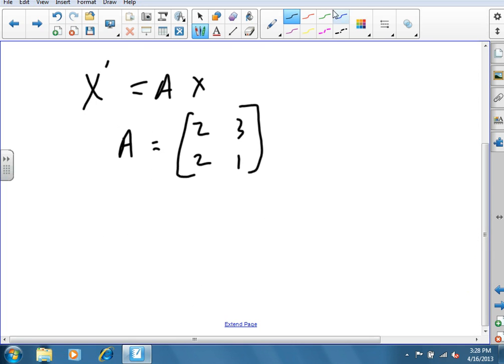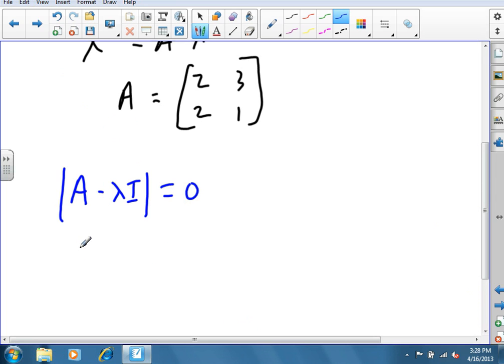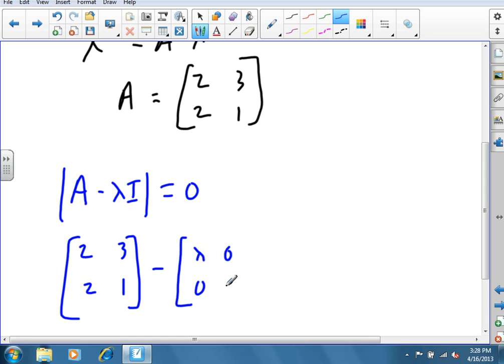Okay, I'm going to find eigenvalues. So I'm going to go A minus lambda I, take the determinant, set it equal to 0. So I got [2, 3; 2, 1] minus [lambda, 0; 0, lambda].